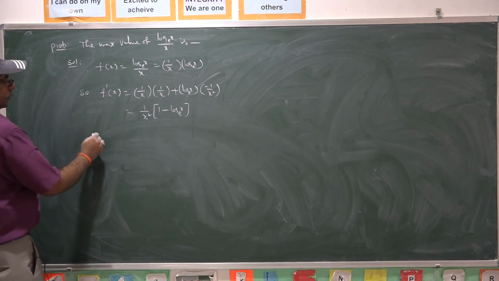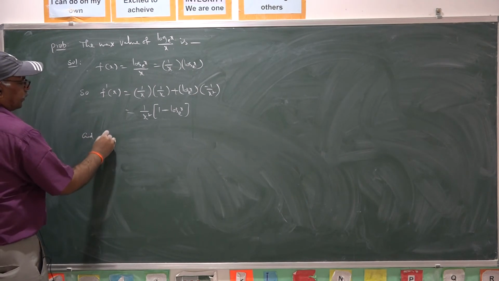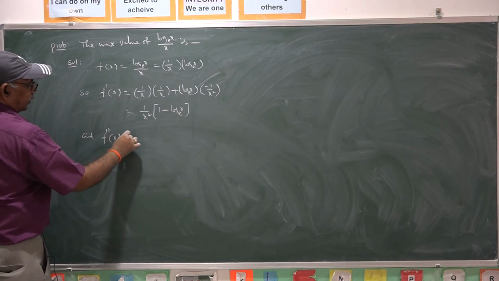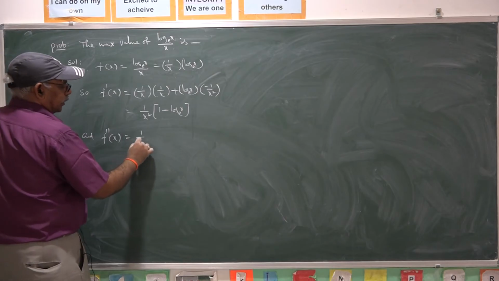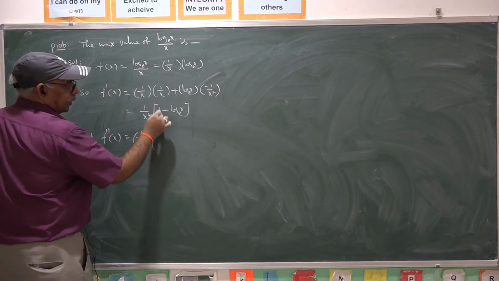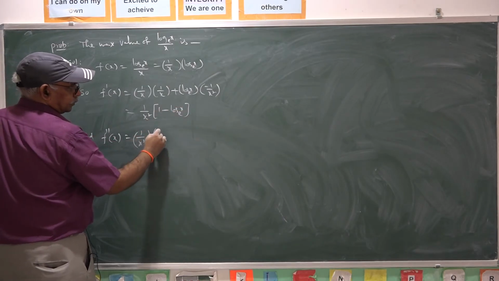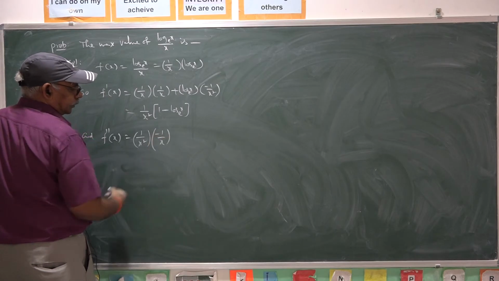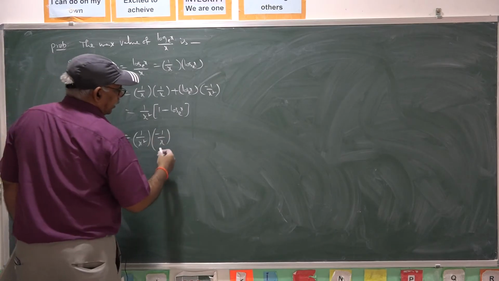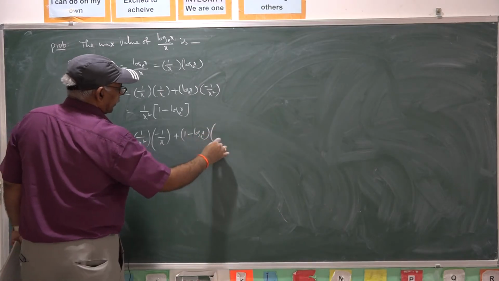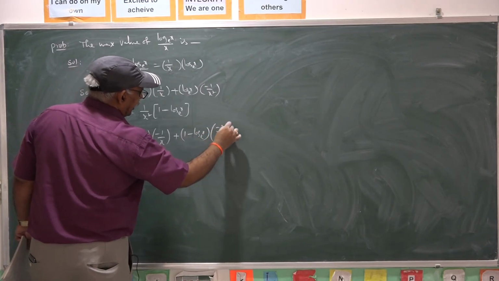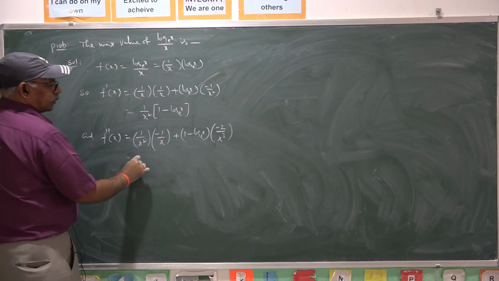So you again find another derivative of f, that means the second derivative. Again by the product rule, 1 by x squared into the derivative of 1, which is 0, minus the derivative of log x, which is 1 by x. So minus 1 by x plus (1 minus log x) into the derivative of 1 by x squared, which is minus 2 by x cubed.